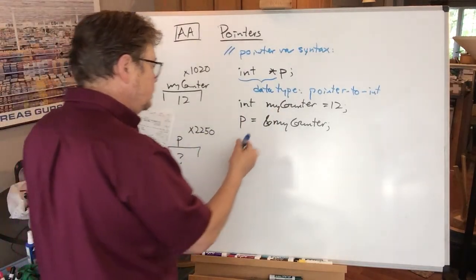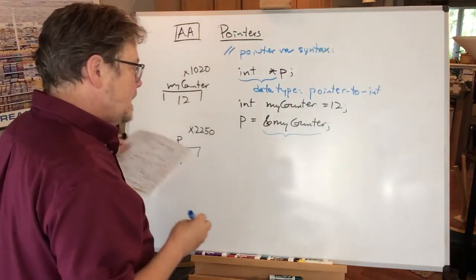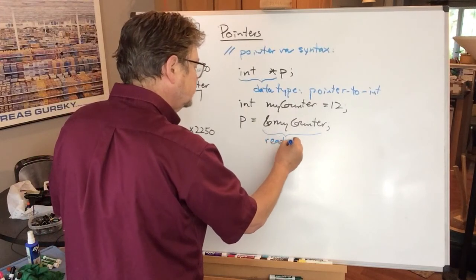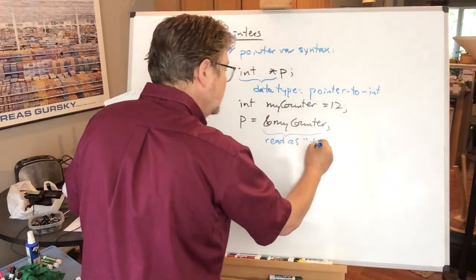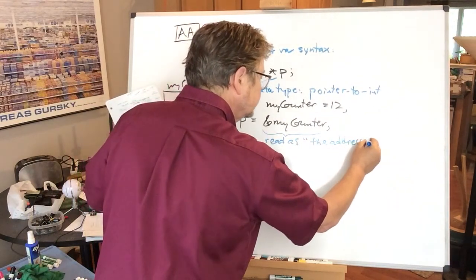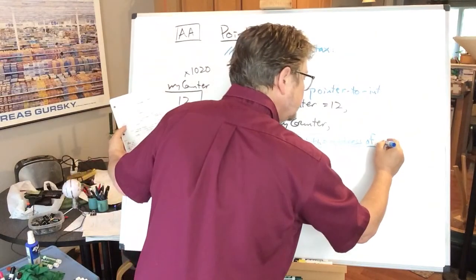And I'm going to put the little bracket down here to do the explaining. I would read this as the address of my counter.